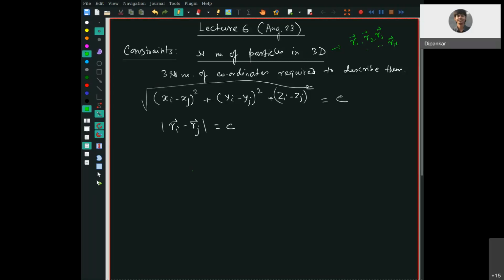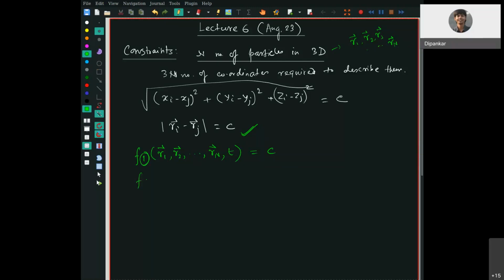And you write down constraint equations like this. In general, I express this as f1(R1, R2, up to Rn), and actually it can also depend on t in general, equals a constant c1. This is my first constraint equation.